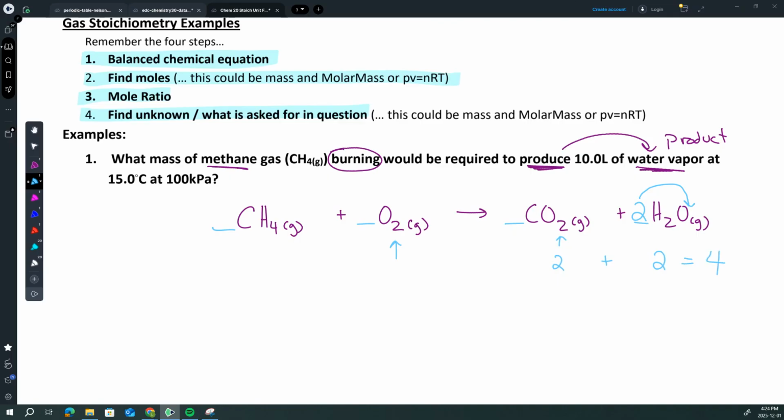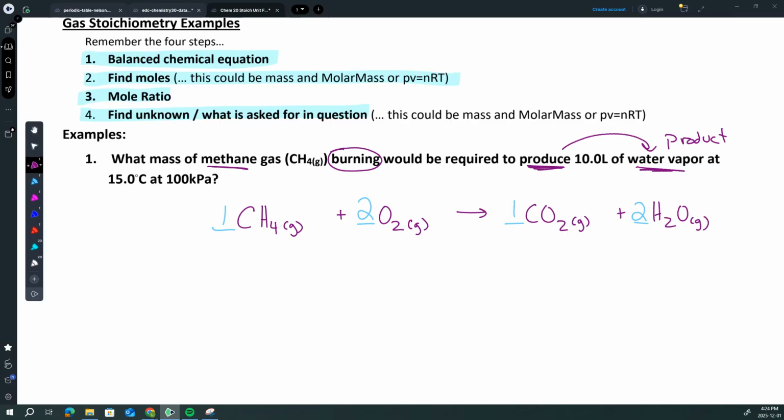So we've got 4 oxygens on the product side, so let's make sure there's 4 on the reactant side by putting a 2. 2 times 2 is 4, so 4 oxygens going in and coming out. Everything's balanced, so that is step 1 done. If it really bothers you to leave these blank, you can always put a 1 in front of them. All right, now we are on to step 2.